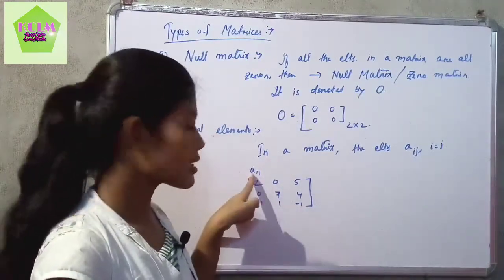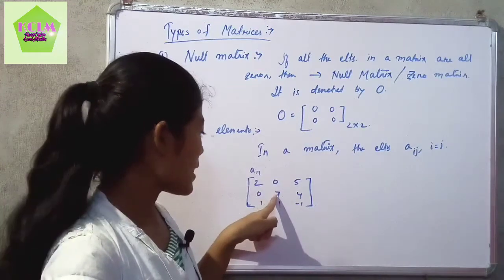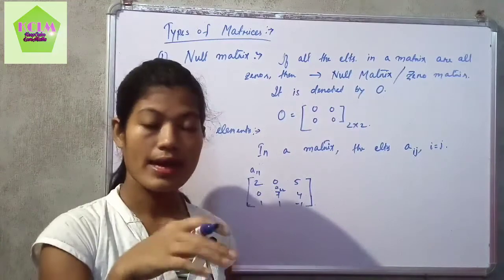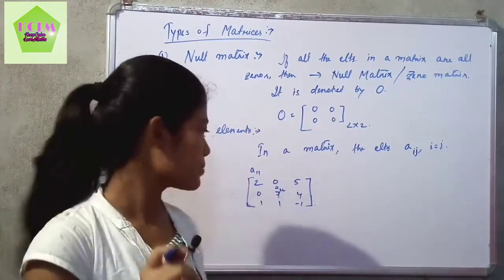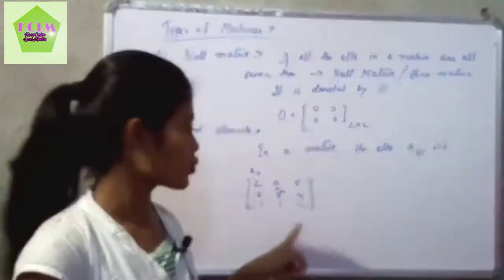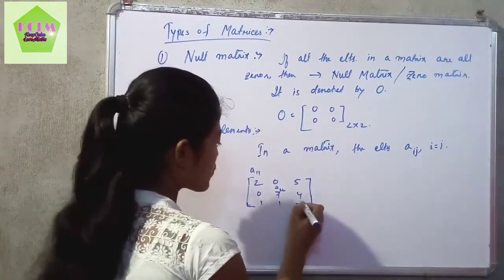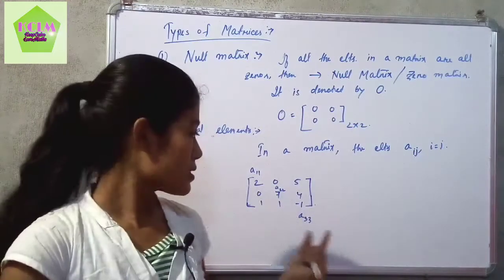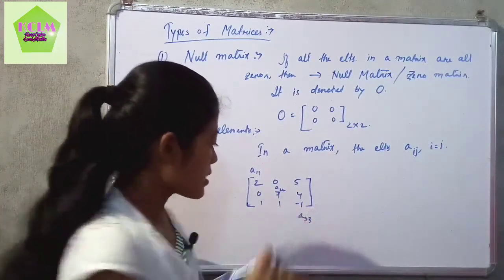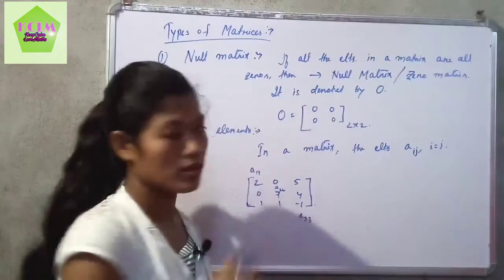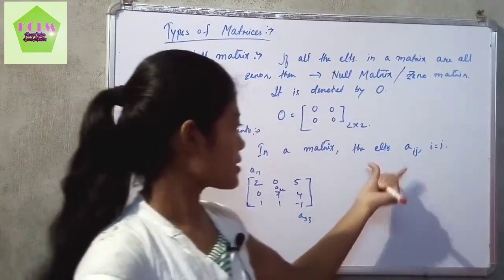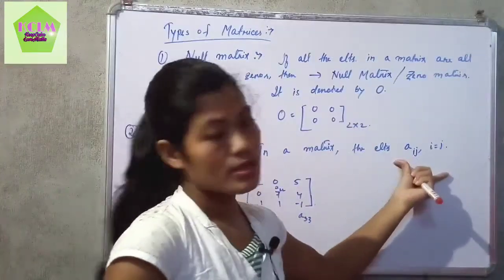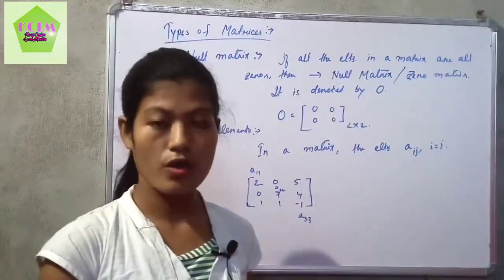The element 4 is A22, in the second row and second column. And the element -1 is in the position A33, because it is in the third row and third column. So the elements Aij for i equals j form the diagonal of a matrix.